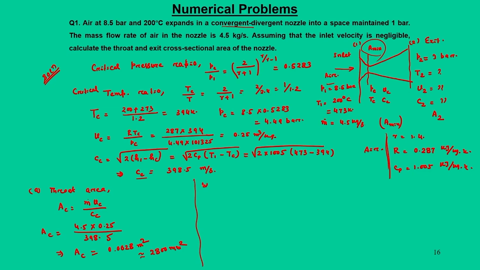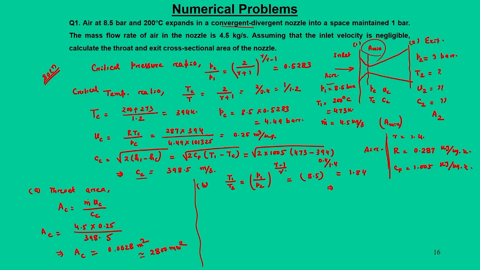Then for the exit area, we know the inlet conditions. Same way, since the process can be treated as isentropic, we can say T1 by T2 is equal to (P1 by P2) to the power gamma minus 1 by gamma. All the information is given. So, we can say it is 8.5 to the power 0.4 by 1.4, this is 1.84.